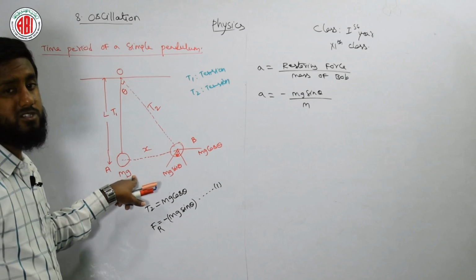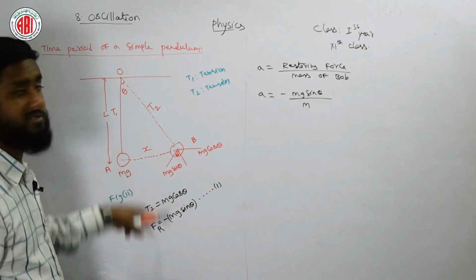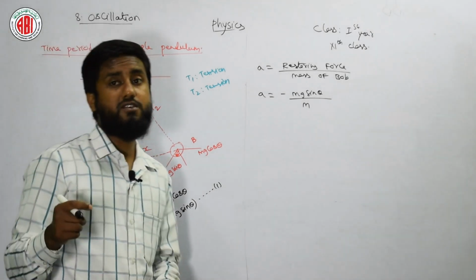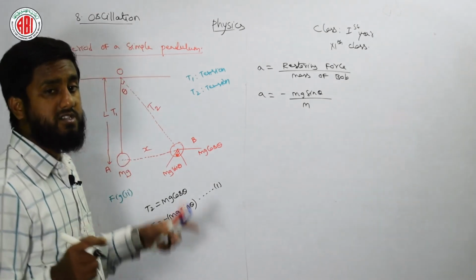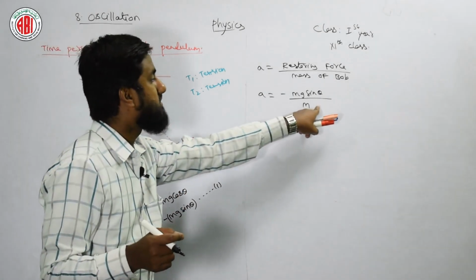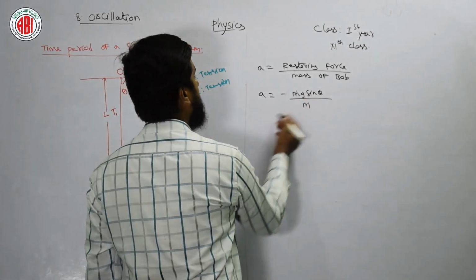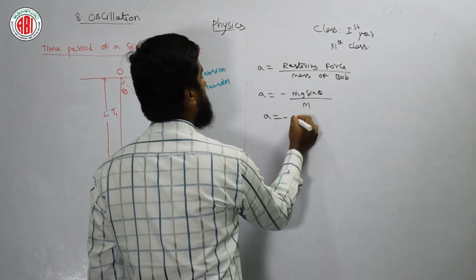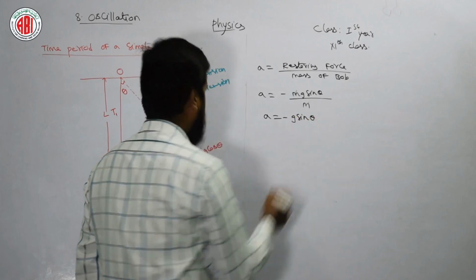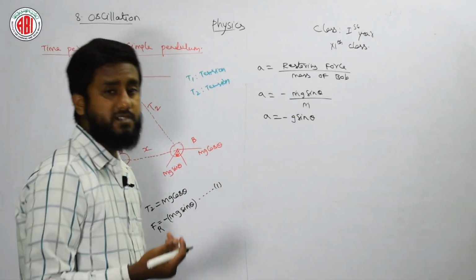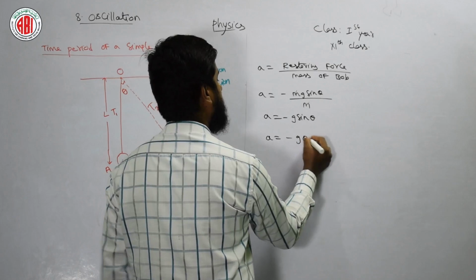We are not supposed to consider the mass of the bob as mg. Somewhere we might make a mistake and consider mg instead of only m, and it will become a wrong equation. So here m gets cancelled, and we remain with a equals minus g sin theta.